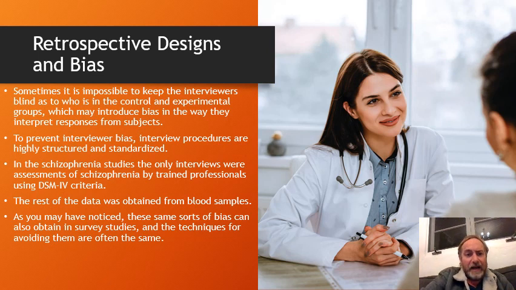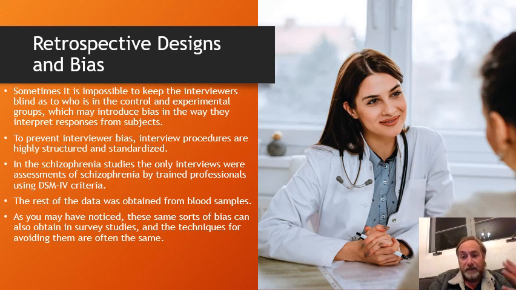You can also have interviewer bias. Obviously you want a double-blind study, right? So even the subjects don't know if they're experimental or control, and ideally the researchers don't know either, but sometimes it's impossible to keep the interviewers totally in the dark. When they are aware of some of these details, it can introduce bias, so you have to have very standardized interview procedures.